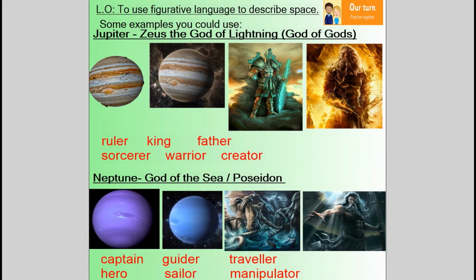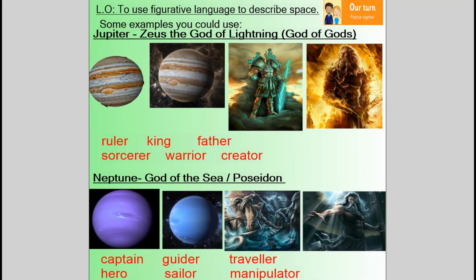Okay, and then for Zeus, the god of lightning, now I know that he's the god of gods, so he's going to be a ruler, a king. He could be like a father figure. Also, he's someone who is able to manipulate the elements and create lightning, so he's a sorcerer. Again, a bit like Mars, he's a warrior and a creator. Now, Neptune, obviously, because Poseidon is the god of the sea, he's a captain.